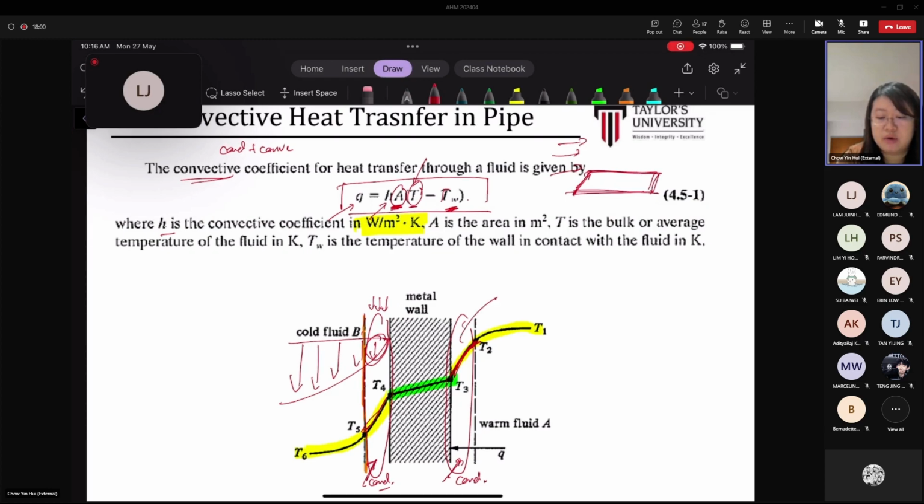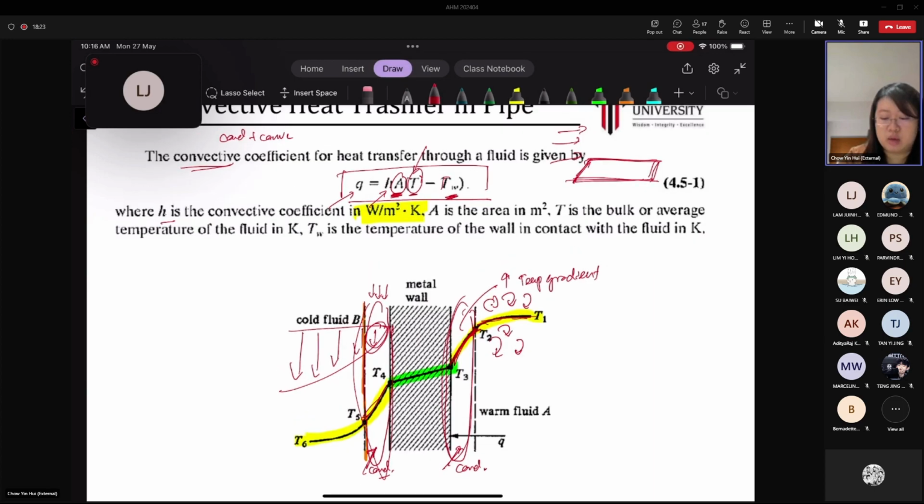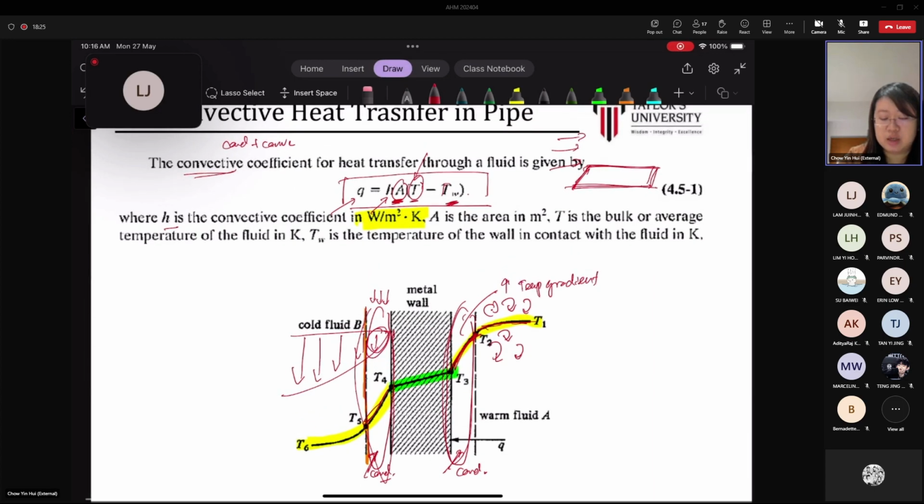So you have a very high temperature gradient at this section here. Or you can also say the major resistance to heat transfer actually happens at this film here. Further away from the surface, there are a lot of eddies that help with the mixing, so you can see the temperature almost levels off.